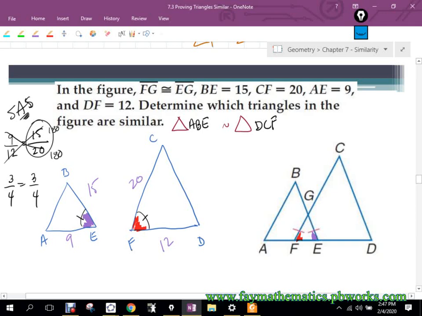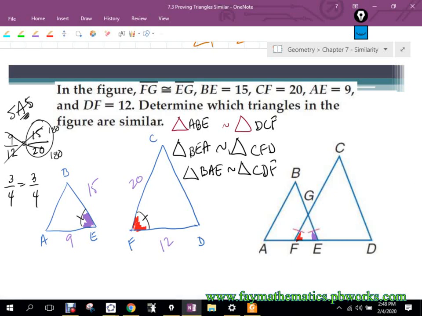If you named your ABE differently, maybe you went BEA, then we need to name this one CFD. If you named it BAE, you would need to name this one CDF. And there are some others you could do, but that would be a series of similarity statements that we could create.